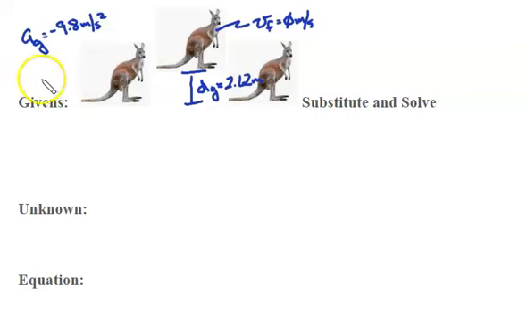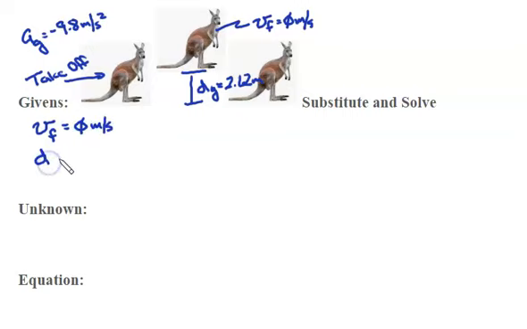The thing about takeoff, though, is how fast the kangaroo leaves the ground. So that's initial velocity.